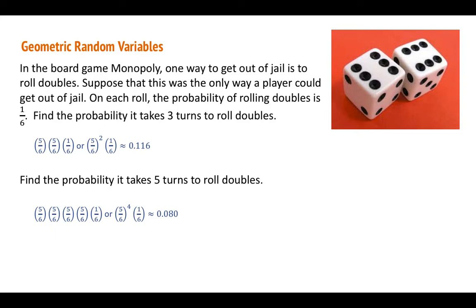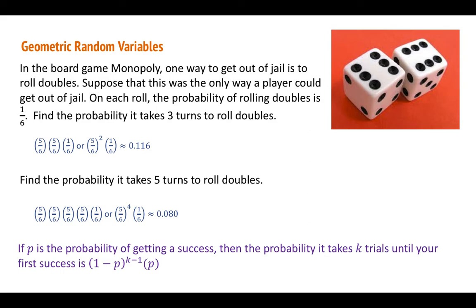So this is called a geometric random variable, where we have a fixed probability of a success happening, and then we're finding the probability that it takes a certain number of trials until we get a success.